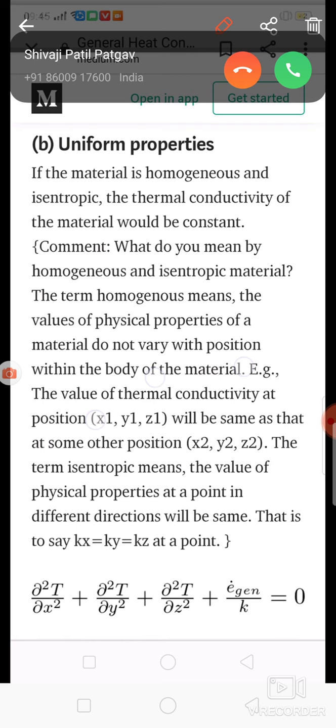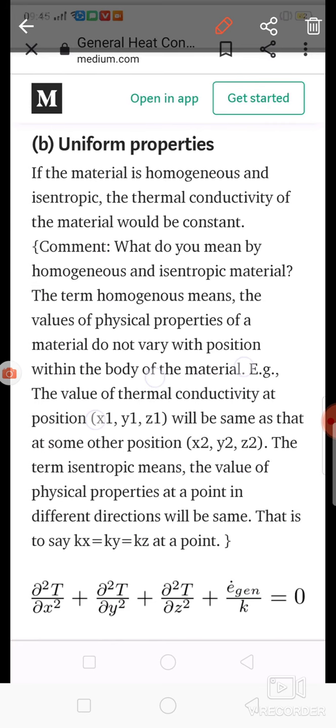In the second case, we consider uniform properties. If the material is homogeneous and isotropic, the thermal conductivity of the material would be constant. What do we mean by homogeneous and isotropic material? Homogeneous means the values of physical properties do not vary with position within the body.